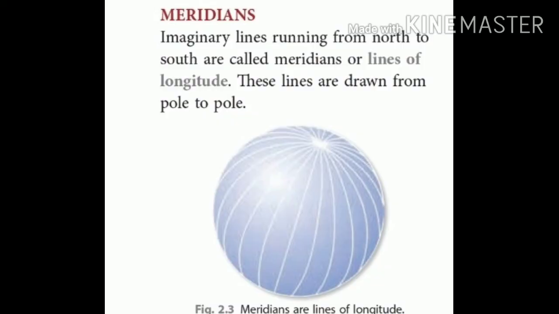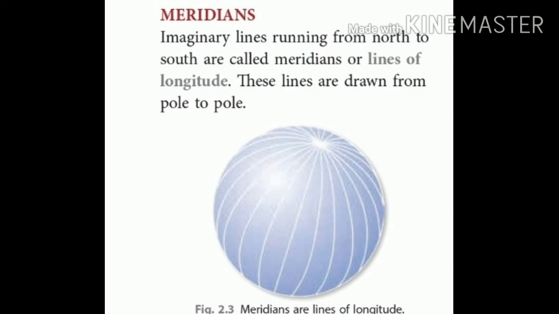In this figure, children, imaginary lines running from north to south are called meridians or lines of longitude. These lines are drawn from pole to pole. All meridians are of the same length. The maximum distance between any two meridians is at the equator.